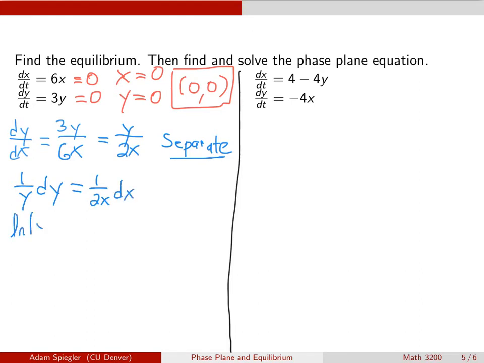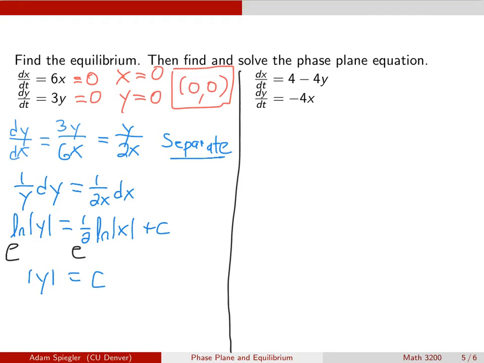Integrate both sides, so we get the natural log of the absolute value of y is equal to 1/2 times the natural log of the absolute value of x plus c. We can solve for y now. If we want to give an explicit solution, we can exponentiate both sides. On the left side, we would have the absolute value of y, and simplifying the right side, we would get the absolute value of x to the 1/2 power.